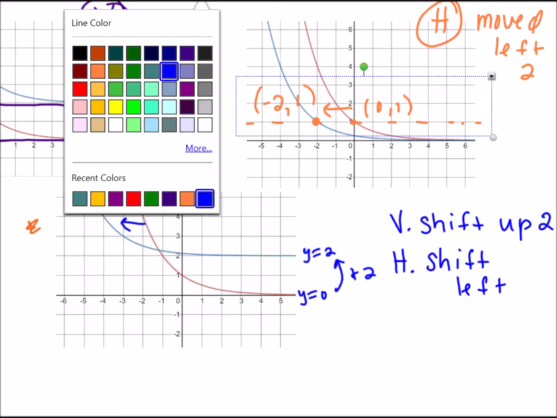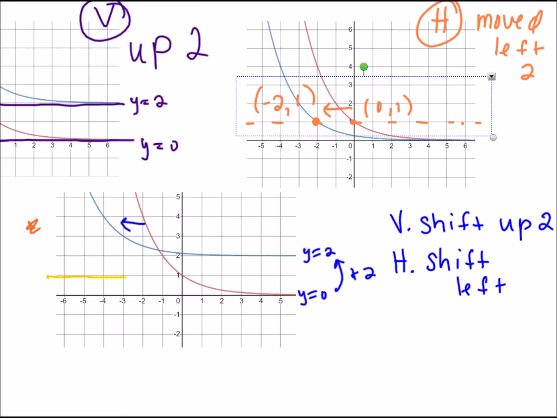Now, I told you before to look at this line right here where y equals 1, right? And wherever it crossed that line would be how much it shifted left or right. But that line moves with the asymptote. So that line's actually up here now, right? We went up 2 for the asymptotes. So now you're looking at this spot right here.